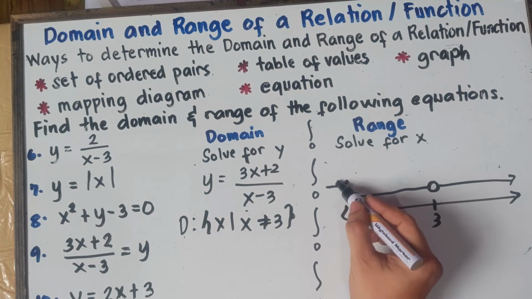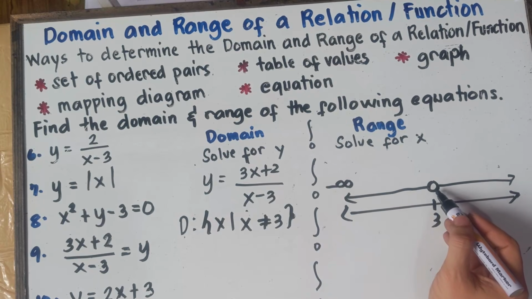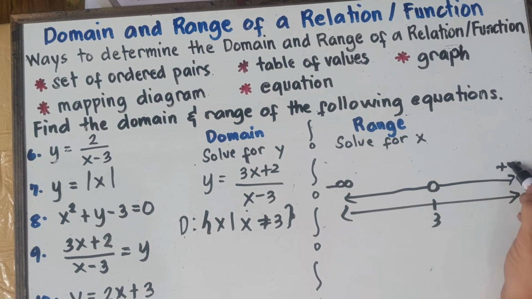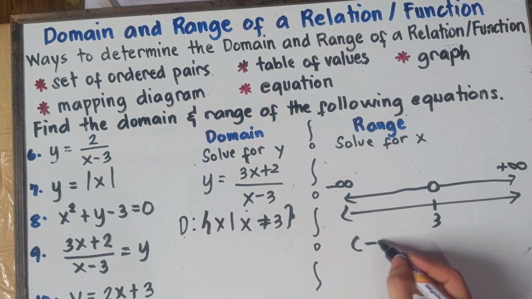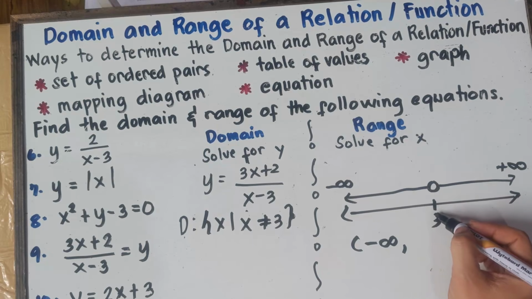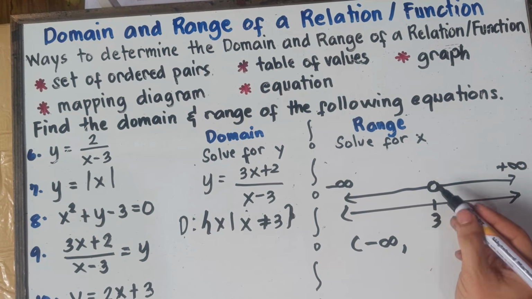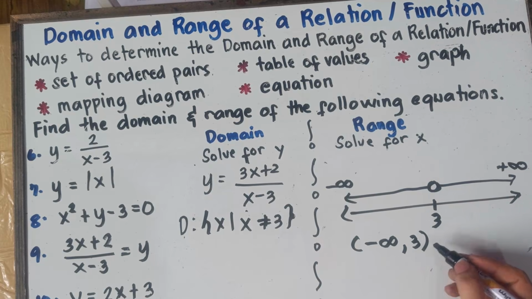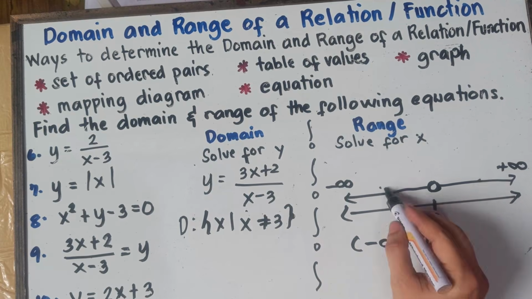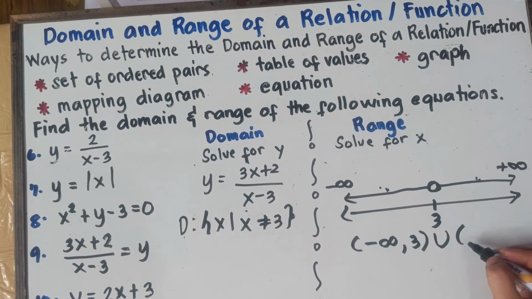So this will be negative infinity up to positive 3, and then 3 up to positive infinity. So this will be parenthesis, negative infinity, comma, 3, with 3 not included because of the open circle, then parenthesis, union, because we have two solution sets, union, and then parenthesis 3, comma, up to positive infinity.